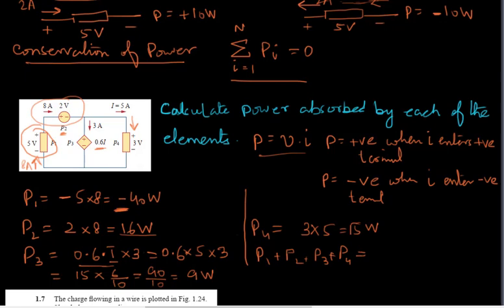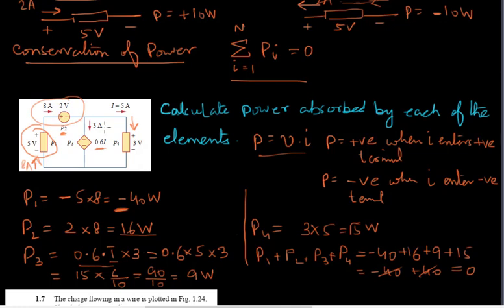So P1 is minus 40, P2 is 16, P3 is 9, and P4 is 15. And you can see that 16 plus 9 is 25, and 25 plus 15 is 40. So what you get is this, and these two cancel, and the sum of all the powers in the circuit is 0.